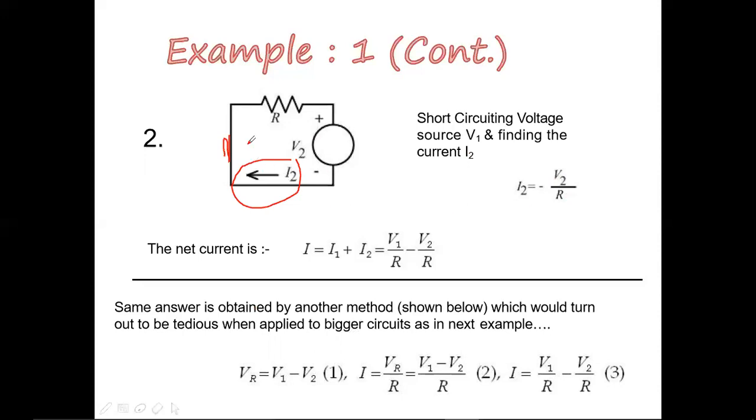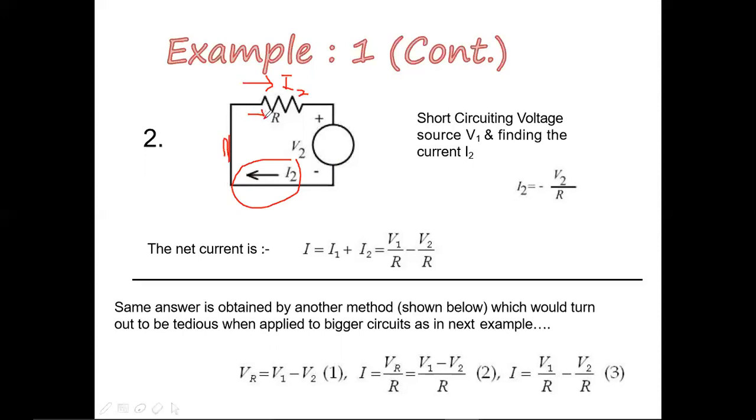Then for this, the two currents are entering the R. One is I1 by making a factoring of V1, another one is I2 by considering the V2 voltage source. This is I2, this is I1.